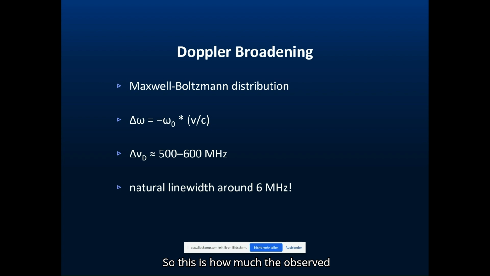So this is how much the observed frequency is different to the actual laser frequency. Omega 0 is the atomic resonance frequency in the rest frame of the atom. So atoms moving towards the laser see a higher frequency, which is also called a blue shift, and atoms moving away from the laser see a lower frequency, which is called a red shift.